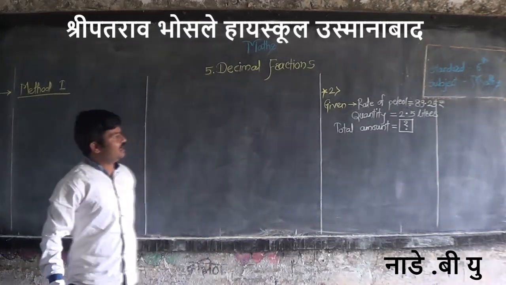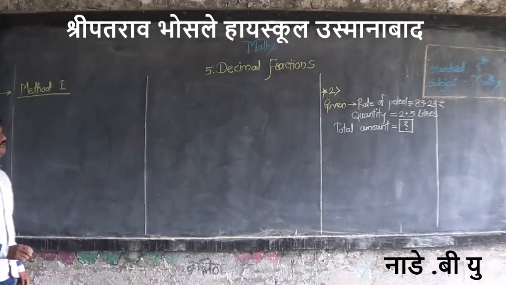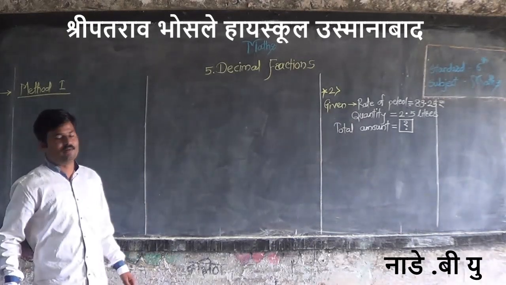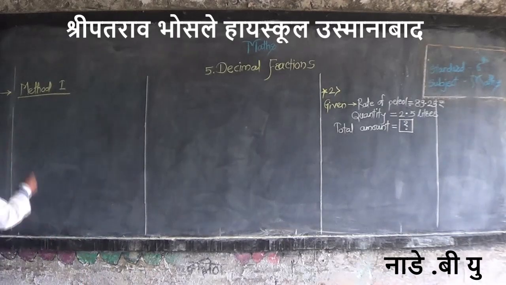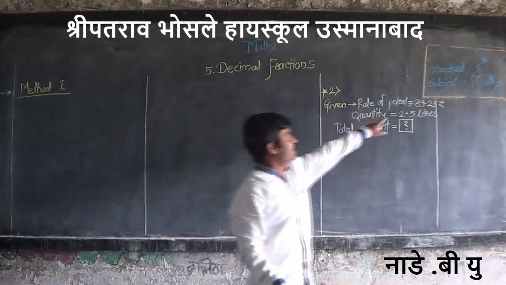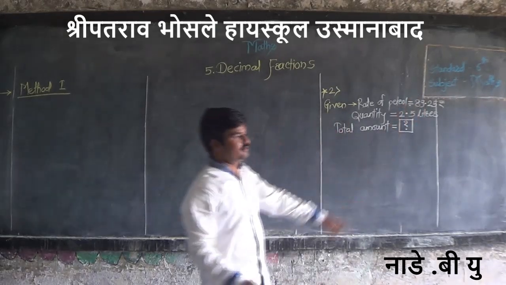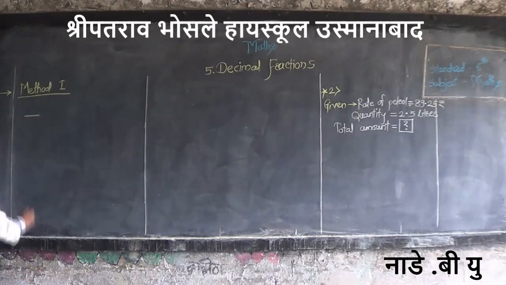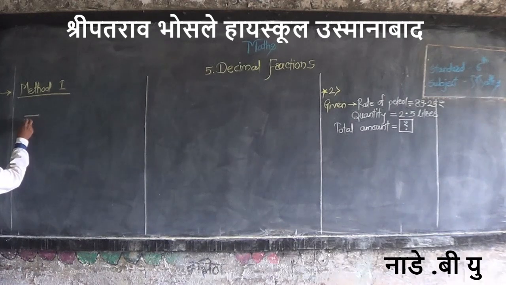In the first method, the numbers are decimal fractions, and we convert the numbers into common fractions. The first number is 89.25. It has two decimal places, hence convert into a common fraction.